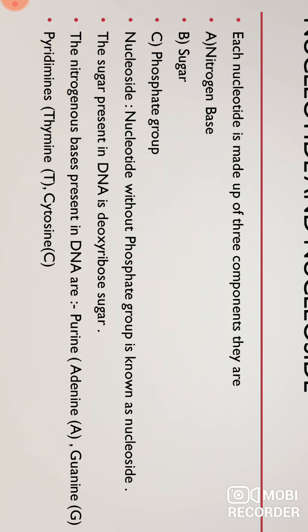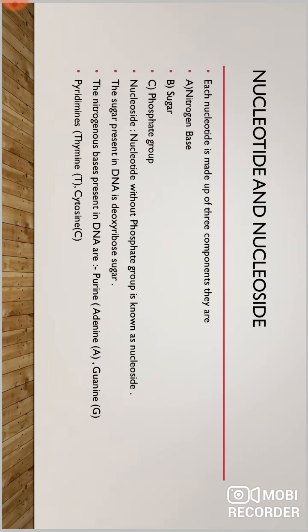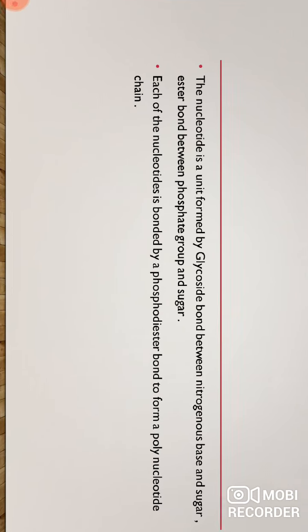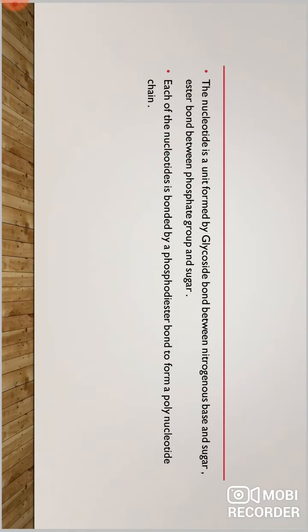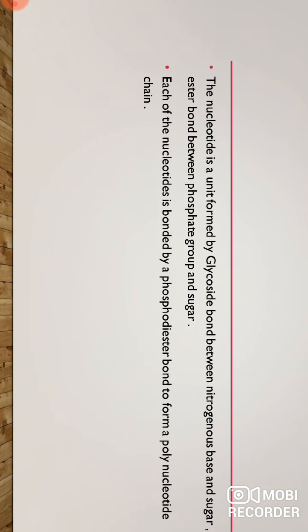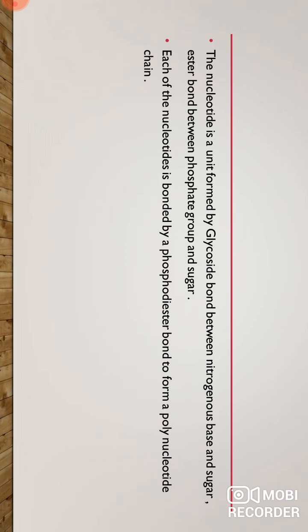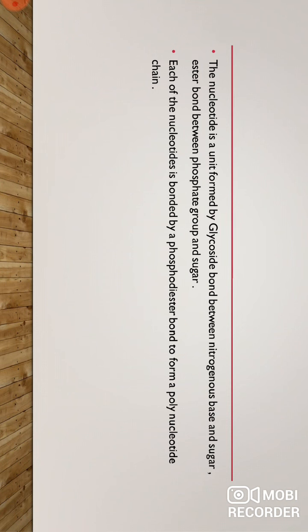Thymine is represented as T and cytosine is represented as C. The nucleotide is a unit formed by the glycosidic bond between nitrogenous base and sugar, and an ester bond between phosphate group and sugar. Each nucleotide is bonded by a phosphodiester linkage to form a polynucleotide chain.